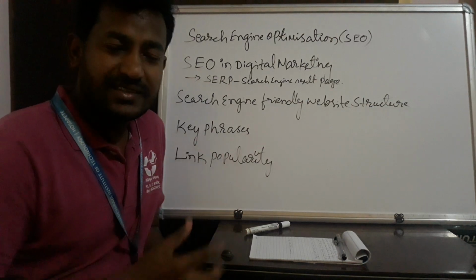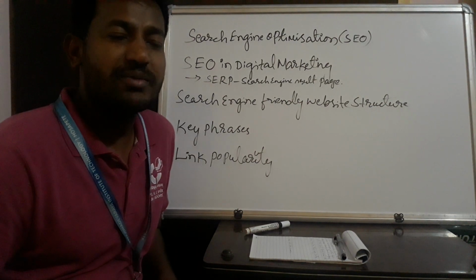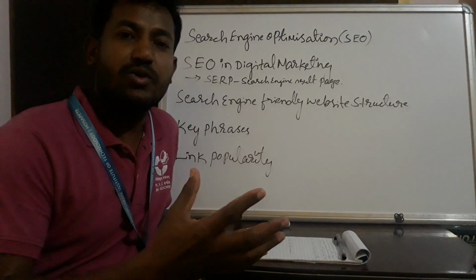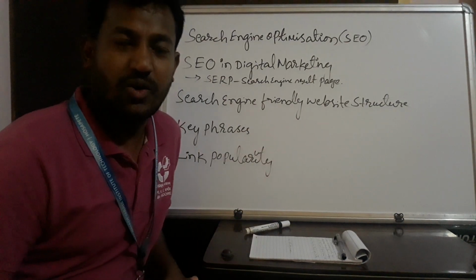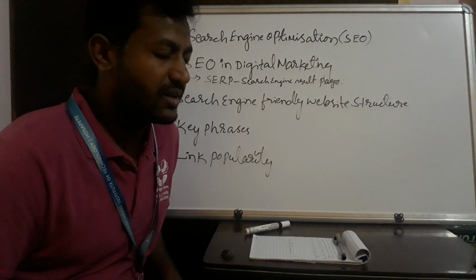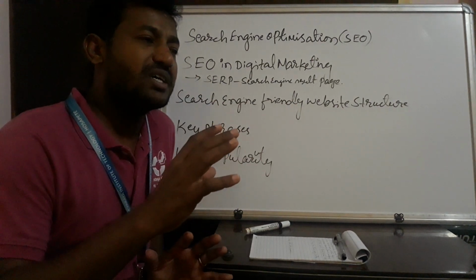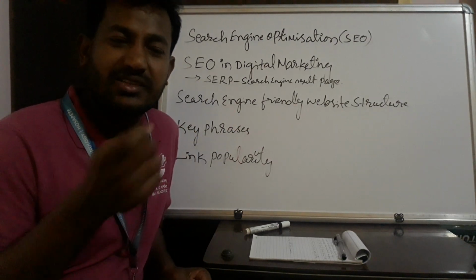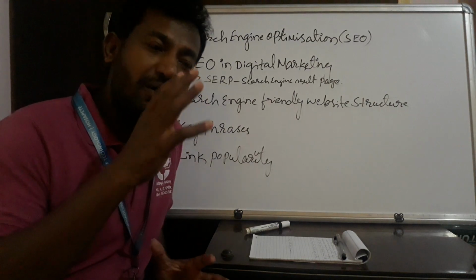So what is SEO in digital marketing? SEO, search engine optimization, means it will give more priority to your website whenever people search in any search engine. For example, if people search for hotels nearby me in a search engine, your organization must show in the first rank.